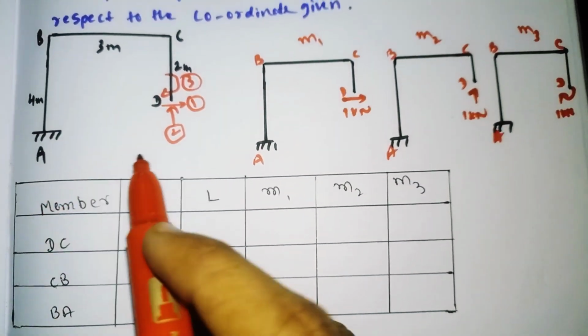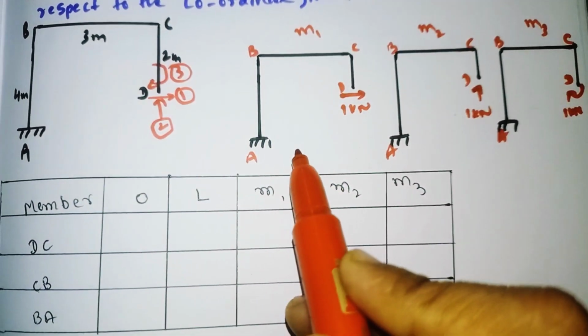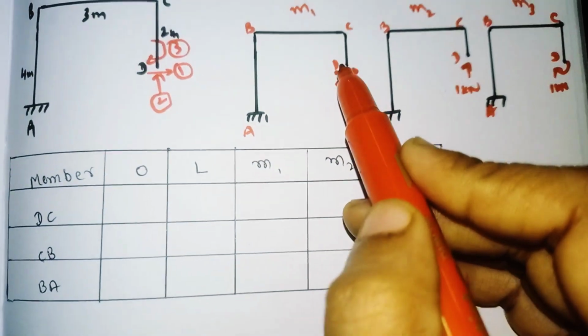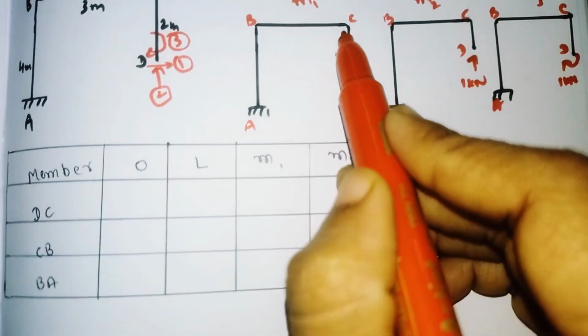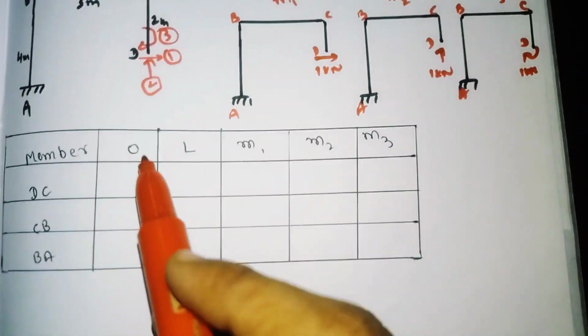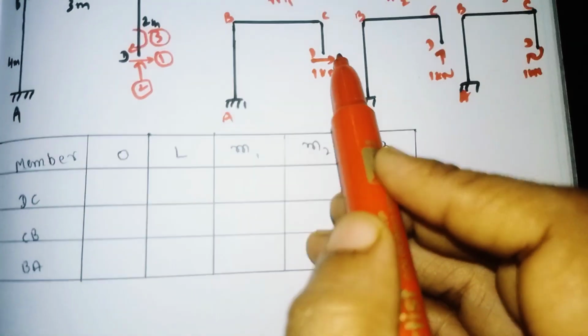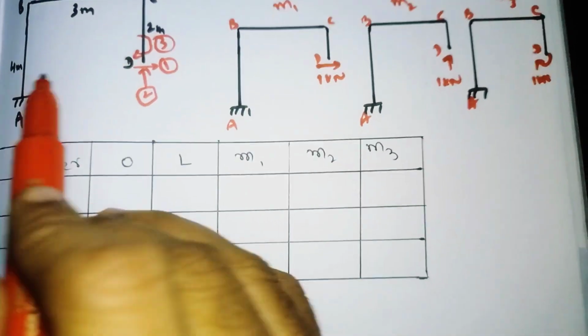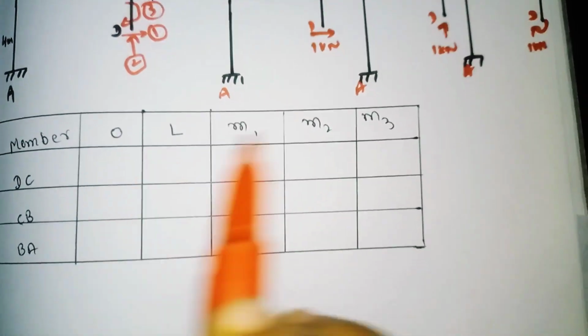So now see, how many members do we have? 3: DC, CB and BA. I have written them here, and I am taking the origin as D, calculating from here to here.